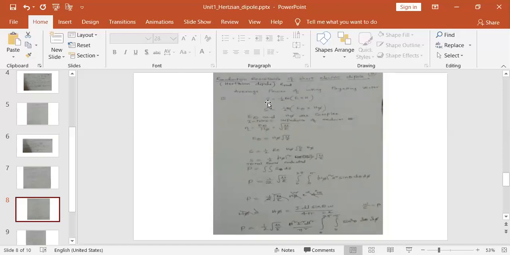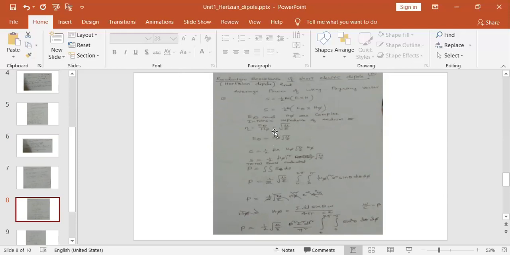The output of the Poynting theorem is 1 by 2 into the real part of E cross H. We can write eta as E by H, but here E and H must be perpendicular to each other. The components that exist here are E theta and H phi, the perpendicular components.